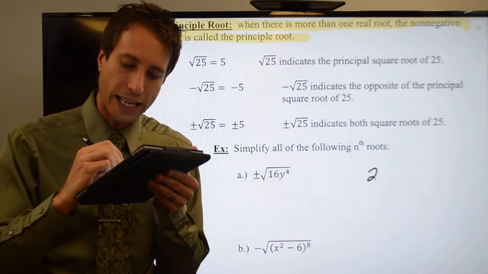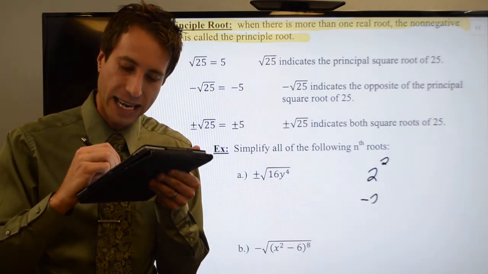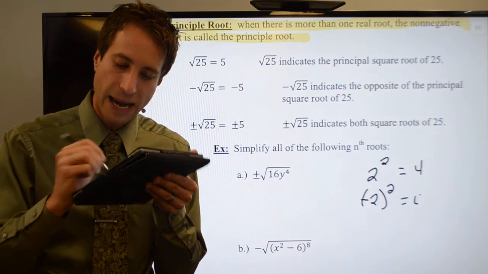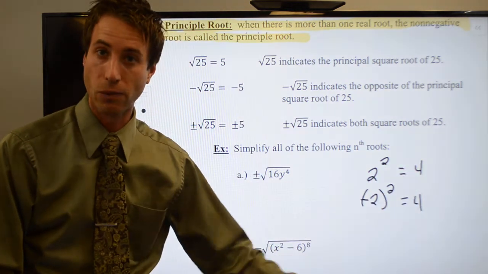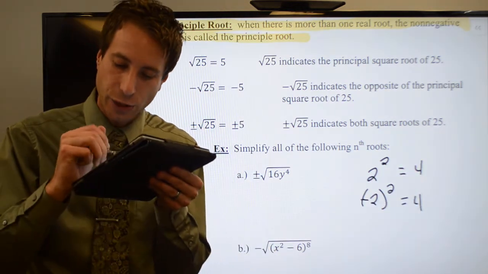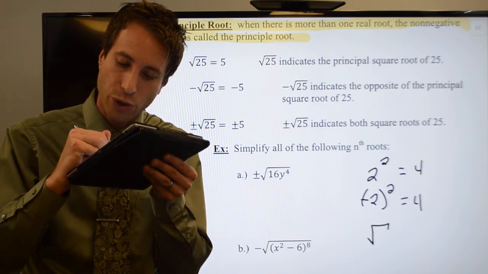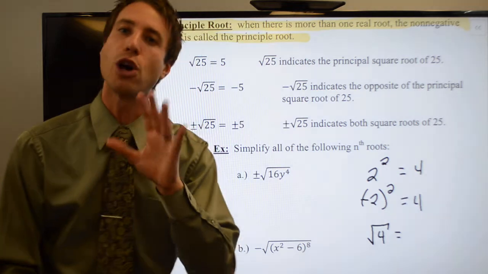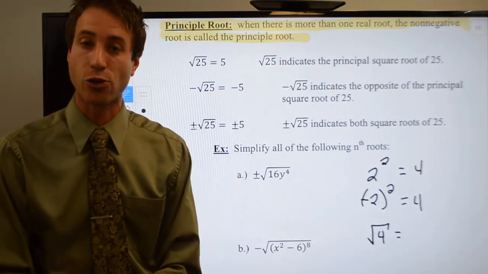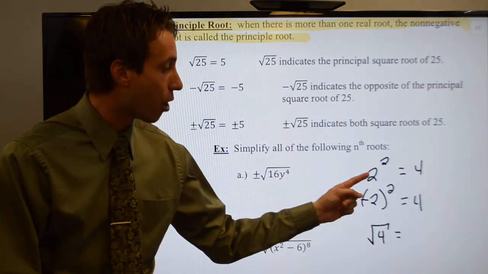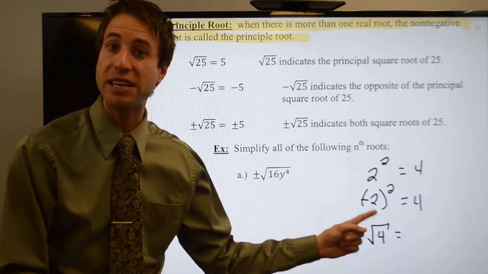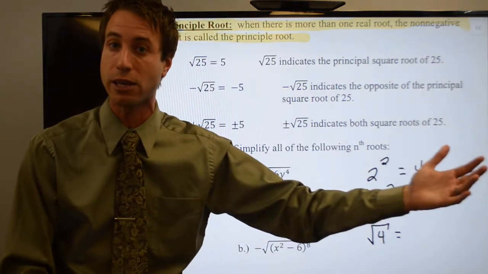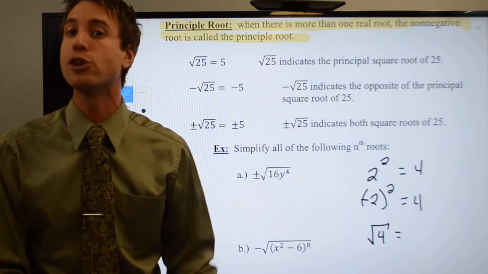If I were to do 2 squared and negative 2 squared, in both cases my answer is 4. So if I were to ask you to take the square root of 4, well, you don't know which answer I want. Am I looking for the positive 2 or the negative 2? Because both of those when you square them get you 4. So which one do I want?